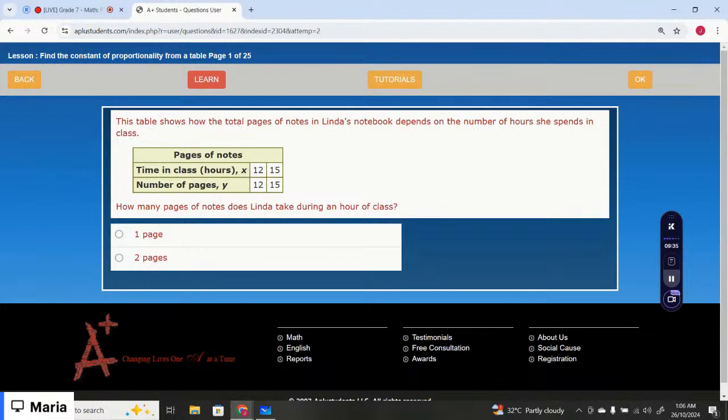So you are given the pages of notes, time in class is X hours, and number of pages are Y. So how many pages of notes does Linda take during an hour of class? So you have to find a constant of variation.